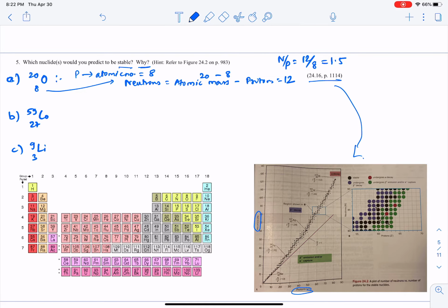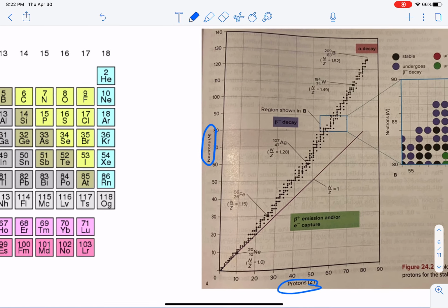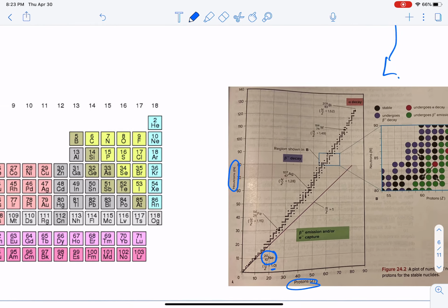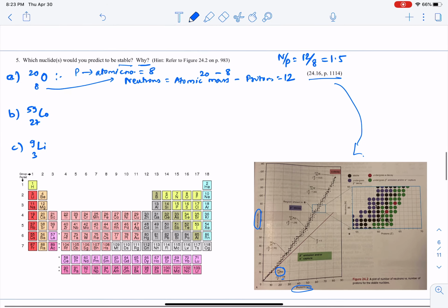If you check properly here, up to neon you have a neutron to proton ratio of about 1.0 normally. So our ratio is higher, which means there are too many neutrons, making it unstable.